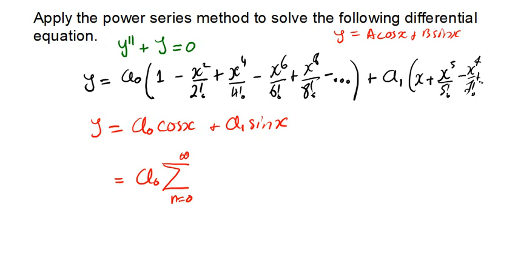Then here the negative is changing, so I can put negative 1 to the n here like that. Okay, is it making sense to be n there? Let me see. That would be your x to the power 2n divided by 2n factorial, like that.